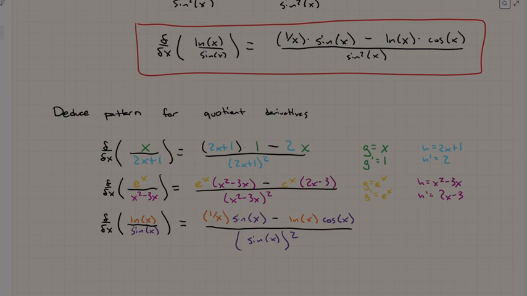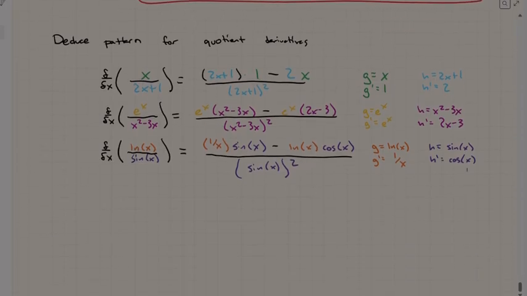And then lastly, we've got ln of x over sine of x. So let's call g equal to ln of x. We've done the derivative earlier, it is 1 over x. h, the thing we're dividing by, is sine. And we did the derivative earlier, it is positive cosine. And so now we should be able to see the pattern that we call the quotient rule.